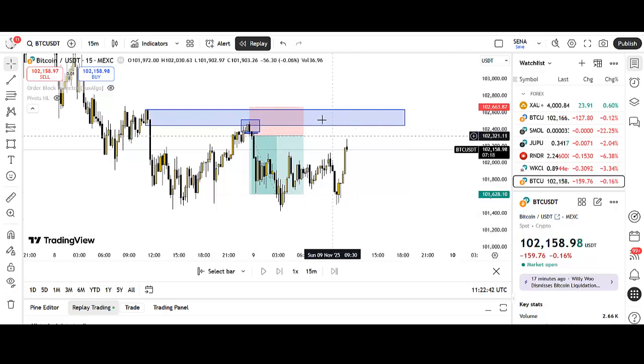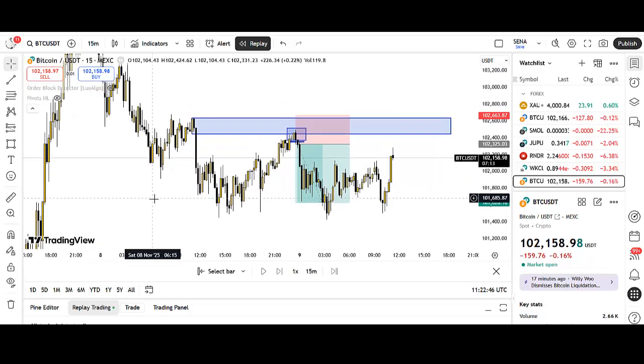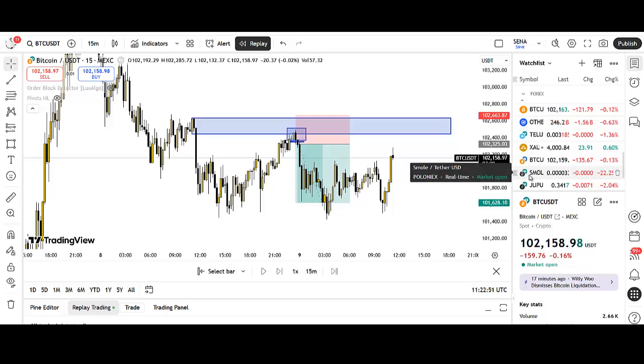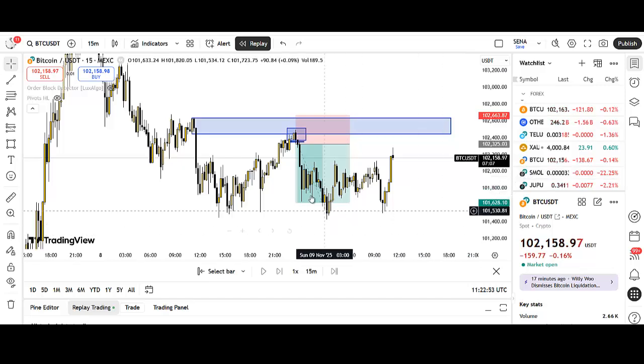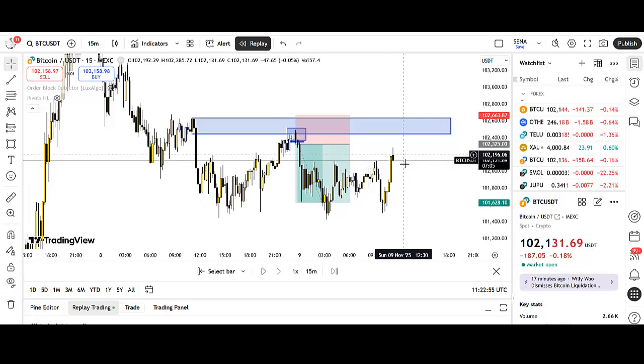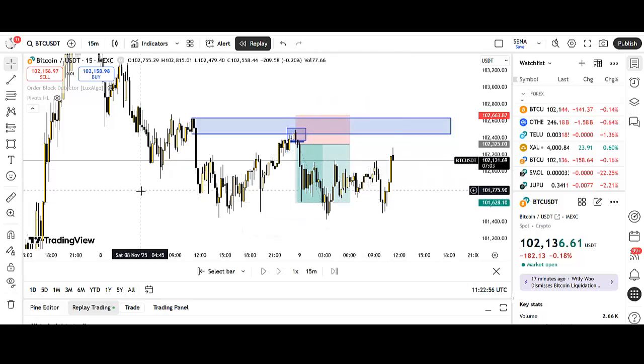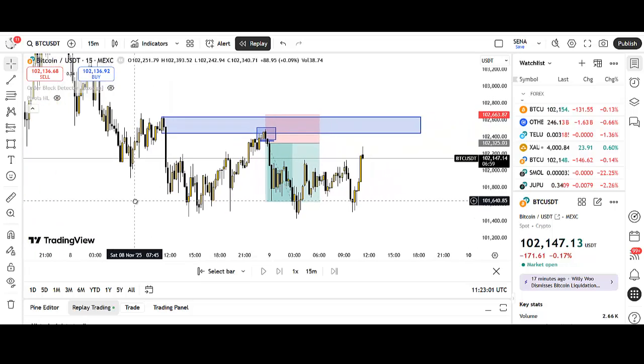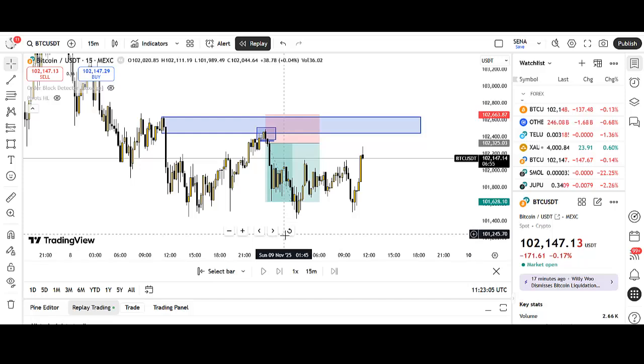So basically, it looks like the market wants to change trend. I've seen other altcoins where the market is sort of changing trend. I think we've been in a downtrend for a while now, so it looks like Bitcoin wants to change trend from a downtrend to an uptrend, right?